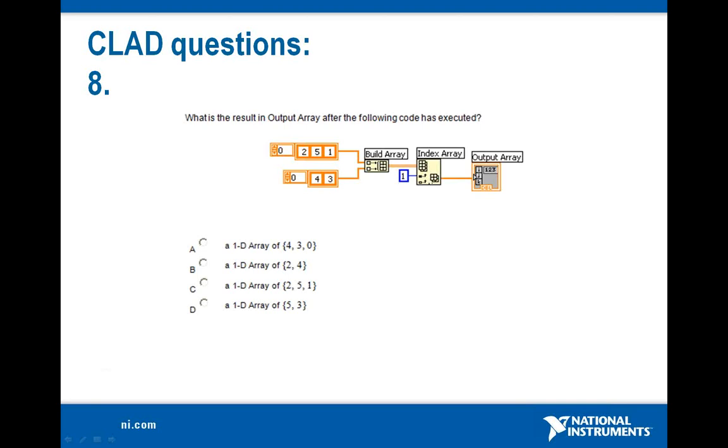Number 1 refers to the second row. So the output of the index array function is going to be the second row of the output of build array function, which is 4, 3 and 0. So this was the last question of today.